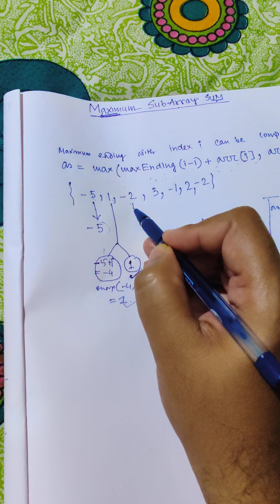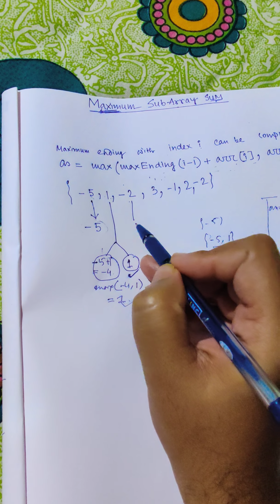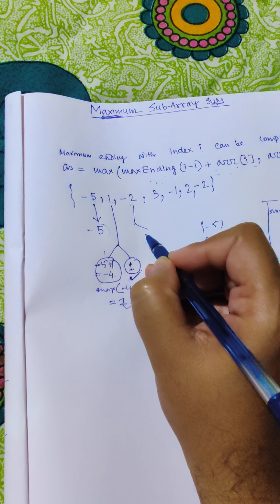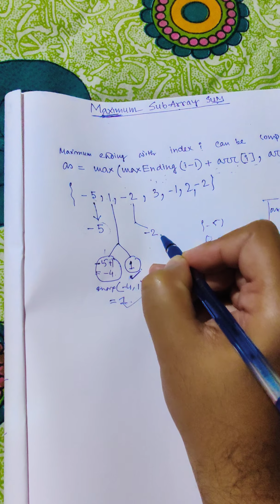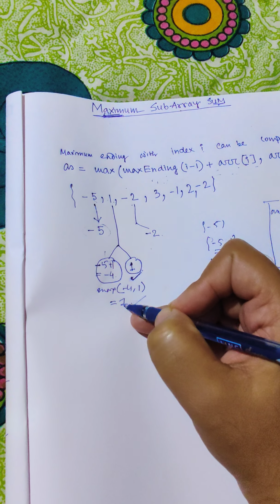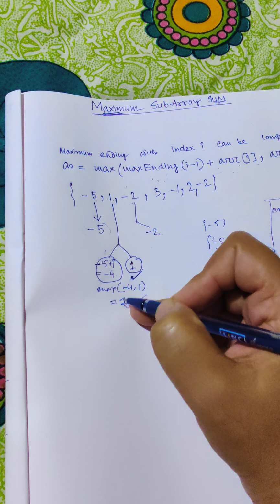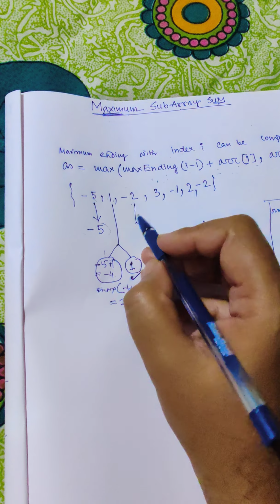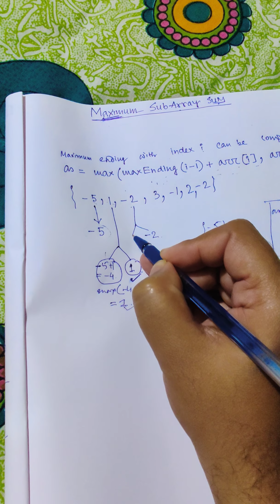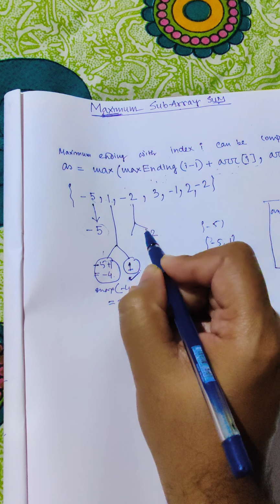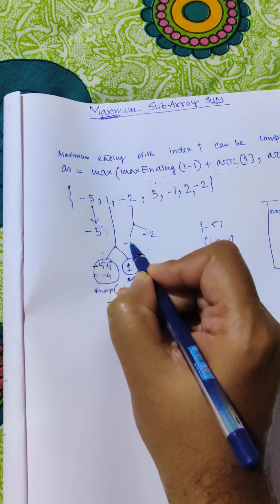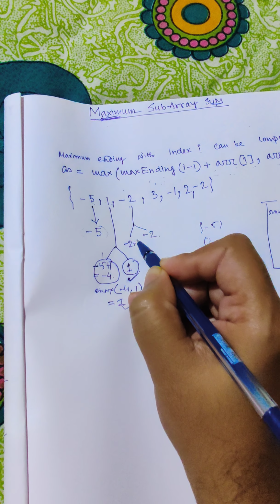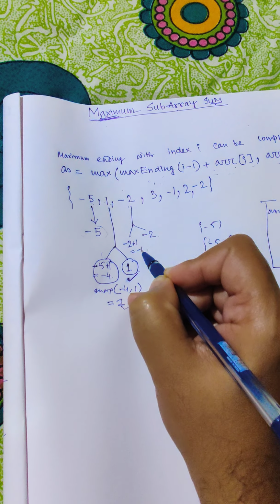Let's talk about the next element, -2. In case of -2 also we have two choices. Either we can go with -2 or we can take the improved result from here, because we have already updated it in this way so that we can get the maximum summation result. So either we can go with -2 or we can rely on this result and add it and make it -1.